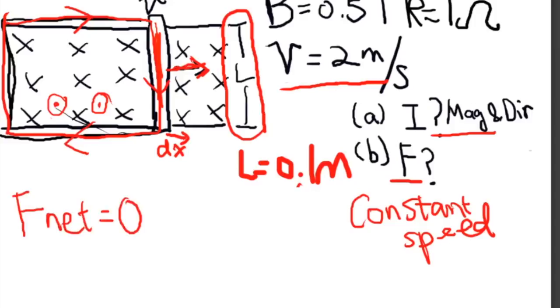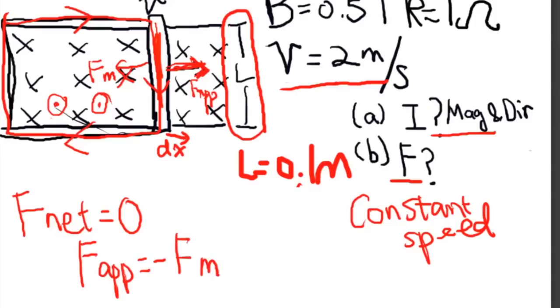First of all, there must be a force exerted by the original magnetic field, F mag, and there should be another force going in this direction, F applied, which is what the question is asking for. Therefore, we can set them equal and opposite to each other, like this.